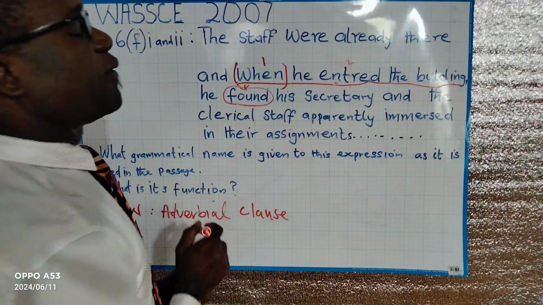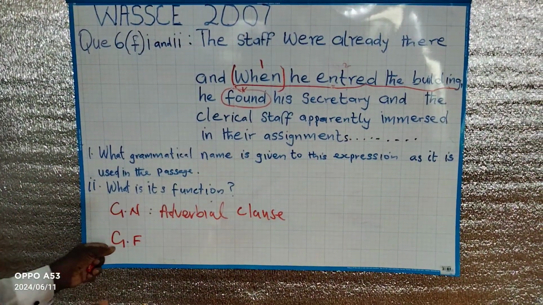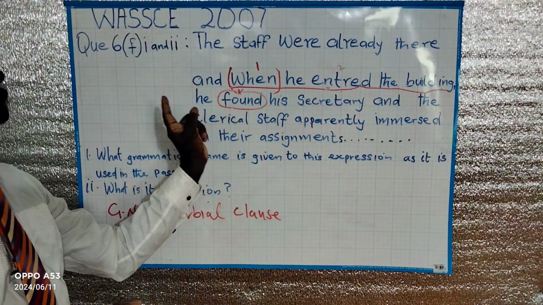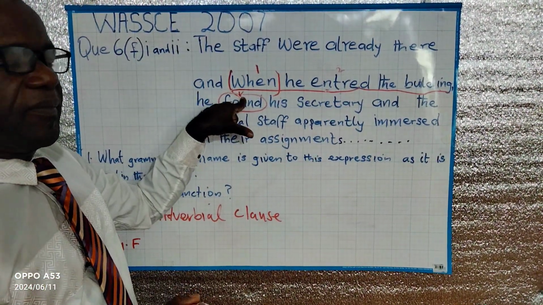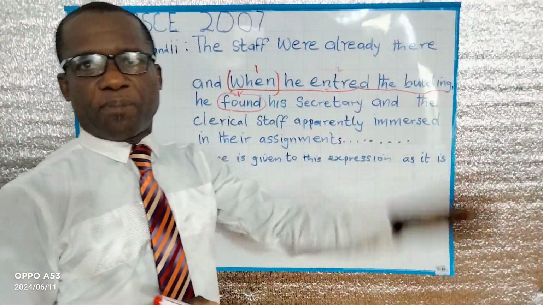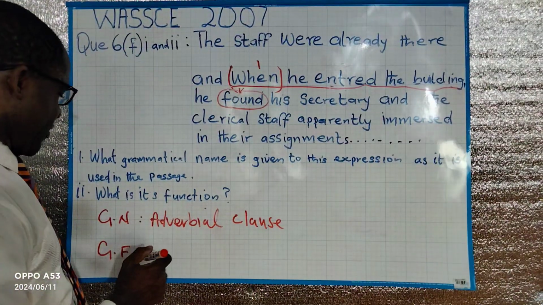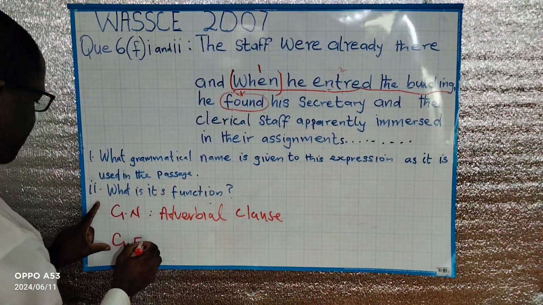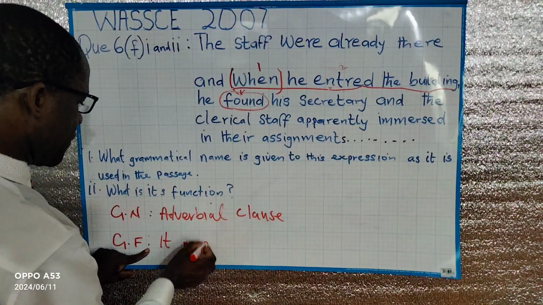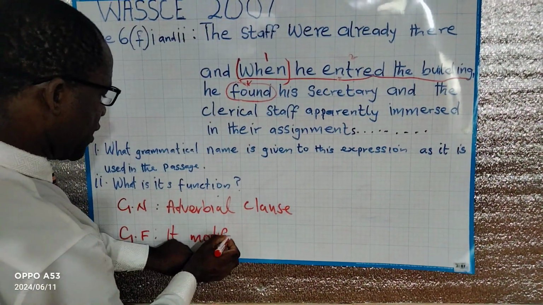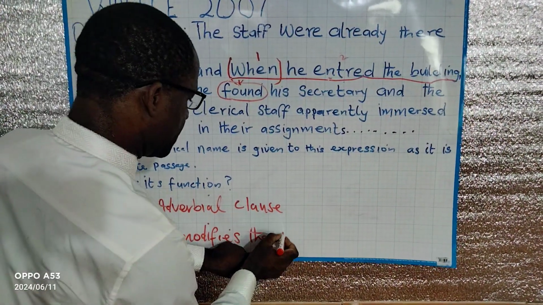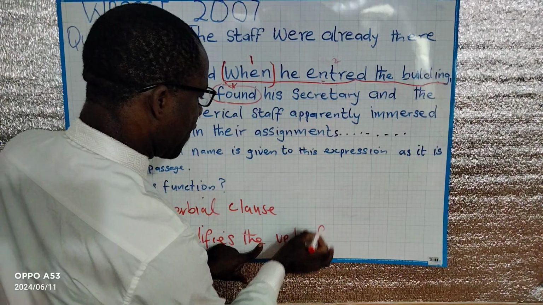Then number 2, what's the function? Usually the underlined expression that points to the other verb, the function is to modify that verb it is pointing to. So you can say, therefore, that it modifies the verb "found."